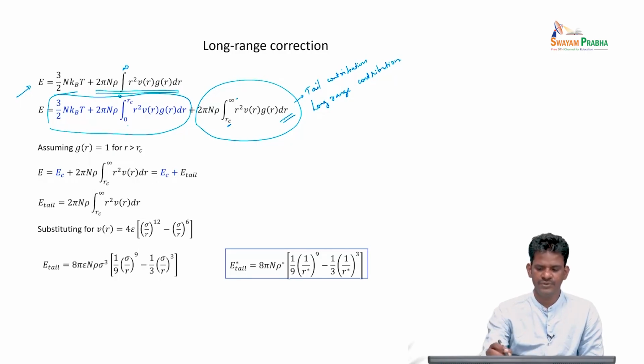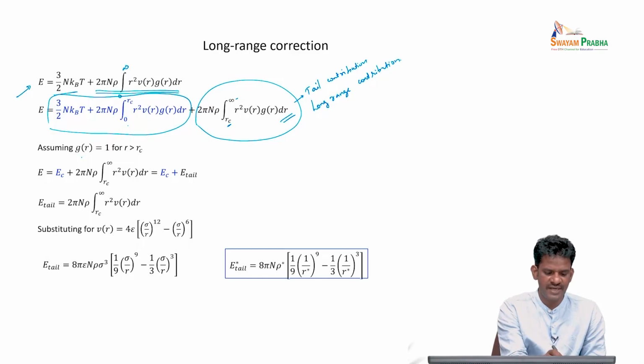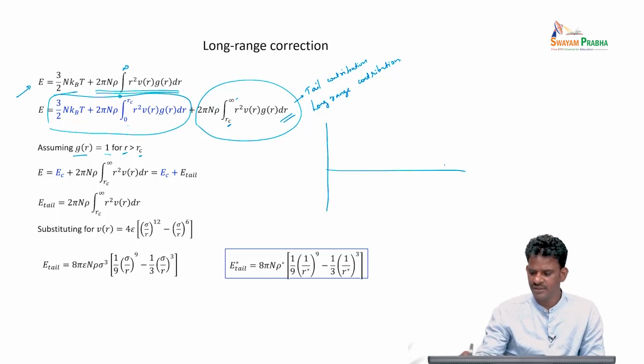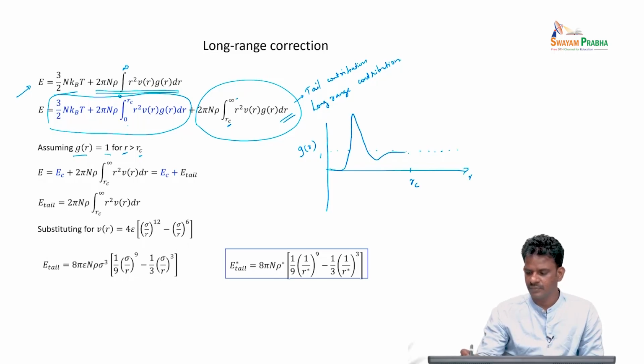Before we use this expression for tail correction, we make an assumption that g of r becomes 1 for r greater than RC. What I mean by that is, if I plot g of r as a function of r, this is a line corresponding to 1, so we are saying something like this.